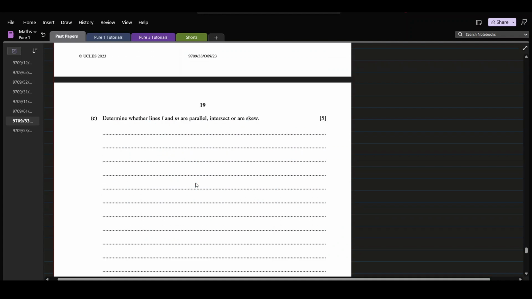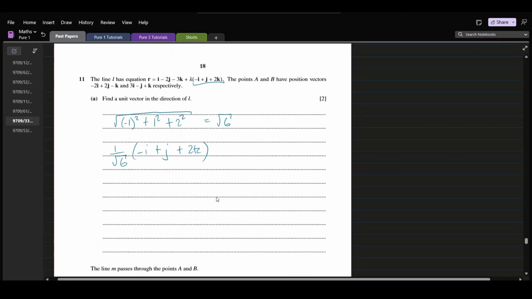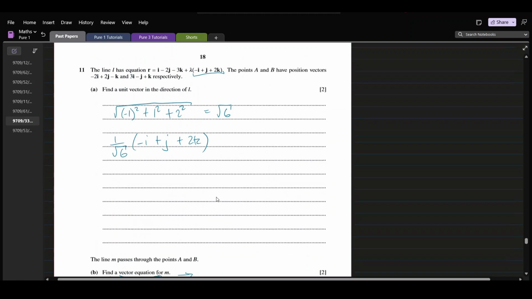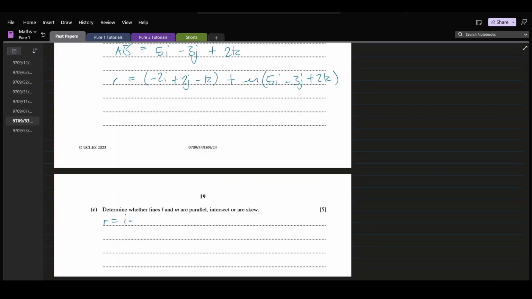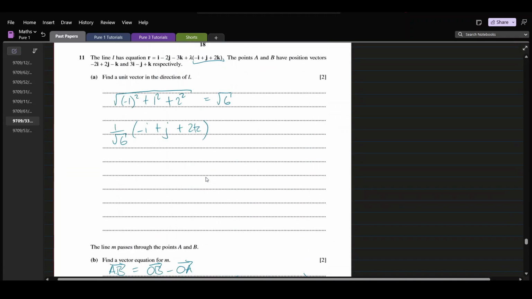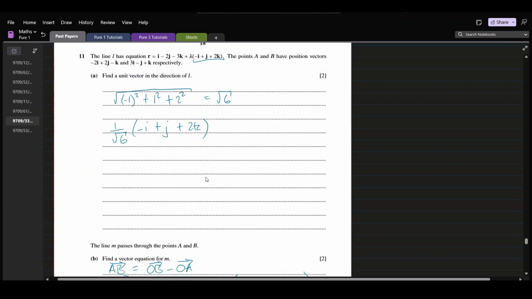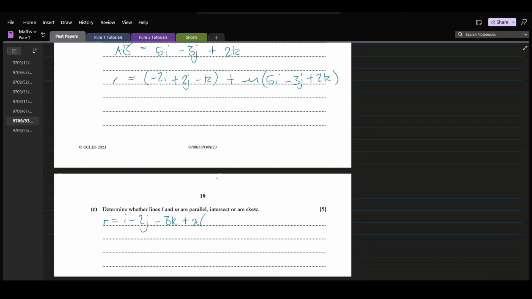Part C, determine whether lines L and M are parallel, intersect, or skew. Okay, so let's just copy down their equations first. So L is r is equal to i minus 2j minus 3k plus lambda times negative i plus j plus 2k.